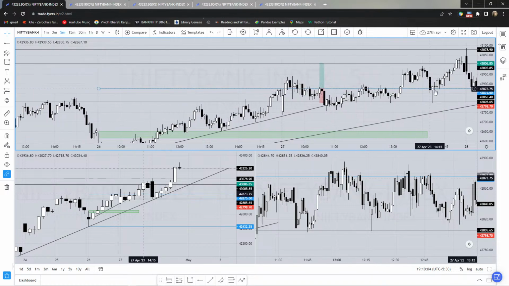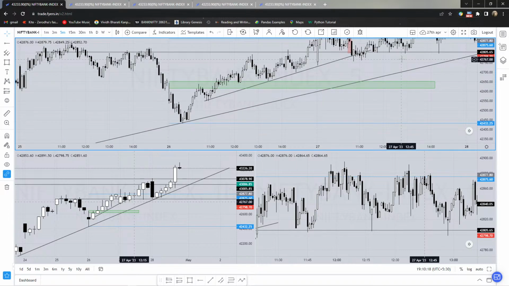I also made some money once trading this candle when it was going down. I exited once it started going back up, because then I saw that it took support from here and was going back up. So I backed up.